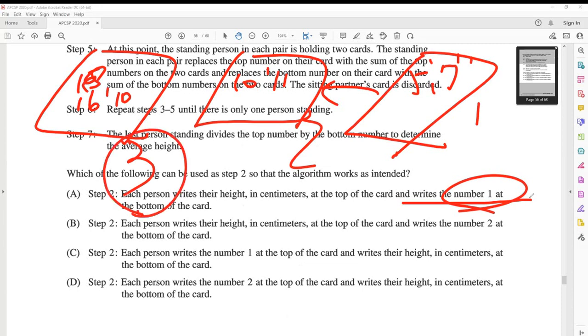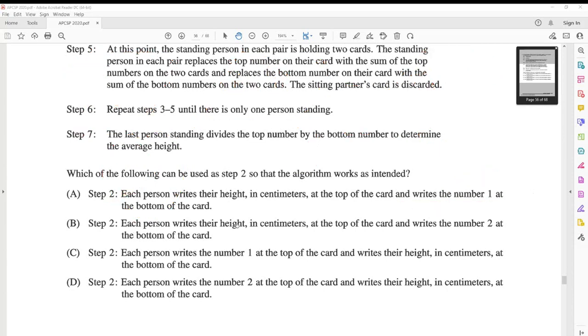So the bottom number is the total number of people carried on the card, which we use to do the average. The last step is the top number divided by the bottom number.